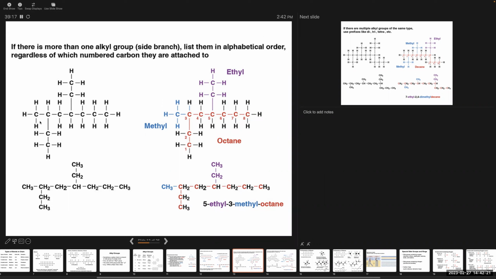If I look at my carbon chain, there's a temptation to start here at the far left and count. So if I started there, I'd have 1, 2, 3, 4, 5, 6, 7. But that may not be the longest continuous chain. What if I start up here at the top?